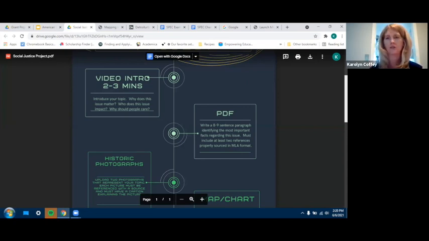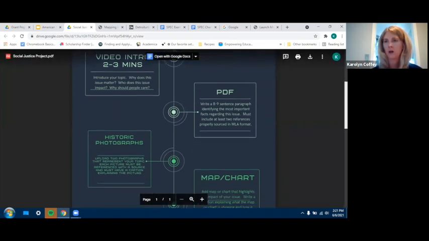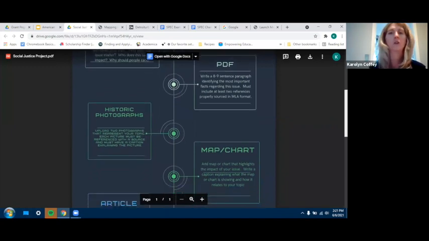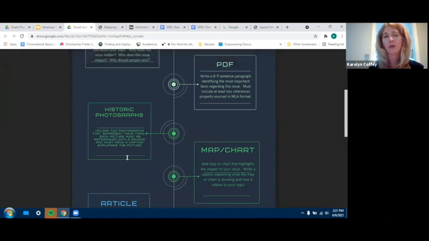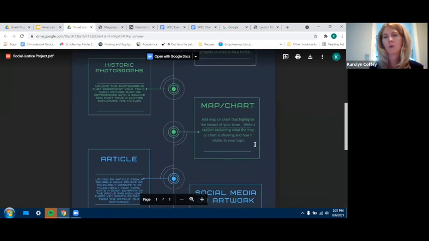organize information. After the video, students would also create a brief paragraph describing what the issue is using some references and properly putting them in MLA format, choosing some historic photographs that well capture their issue and creating captions to describe the importance of those photos, finding a map or a chart that highlights the issue.